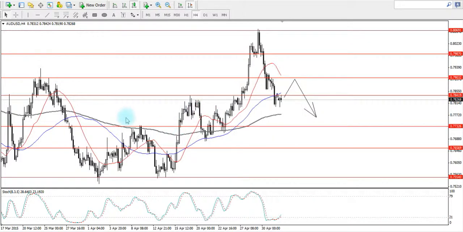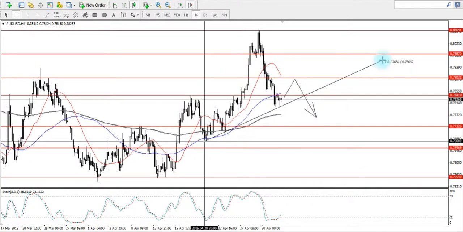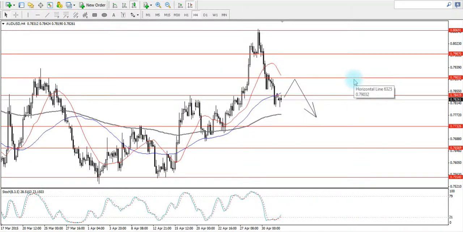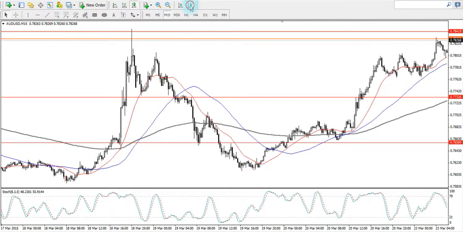But of course, at the same time, we have to also consider that the Reserve Bank of Australia might want to cut interest rates tomorrow. We have the cash rate at 12:30 p.m. tomorrow, and there's a very high chance that the Reserve Bank of Australia might cut interest rates. So just be wary of this pair.